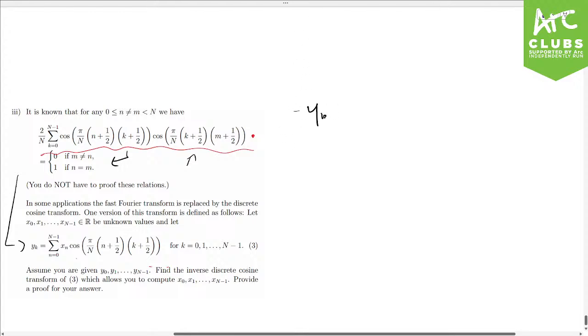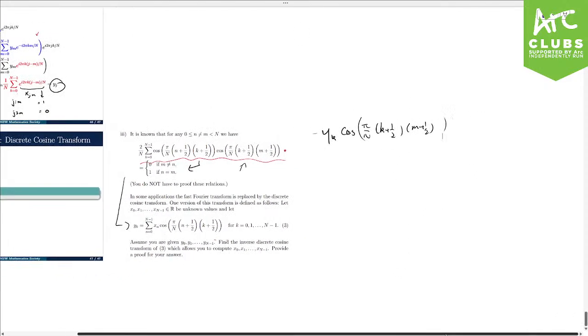So we have yk times cos times this, and that's equal to the sum of xn times this bit.